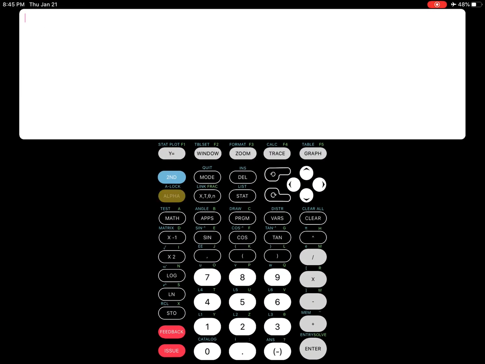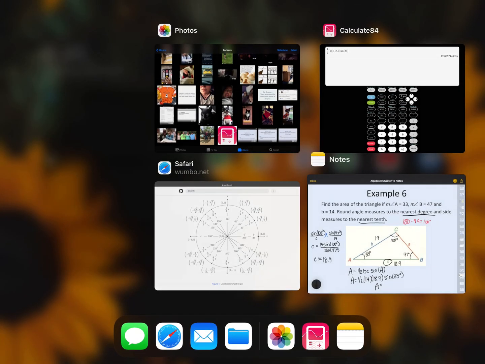So 1/2, and then we're multiplying by B, which is 14, and C, which is 18.9, times the sine of 33 degrees. And we get about 72.1.